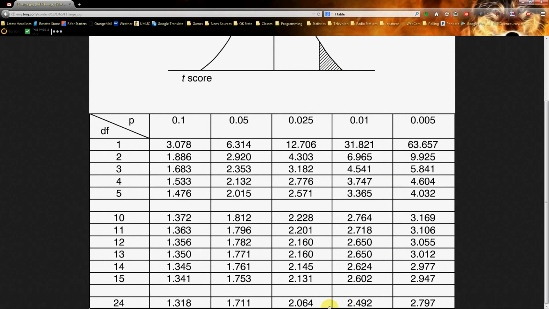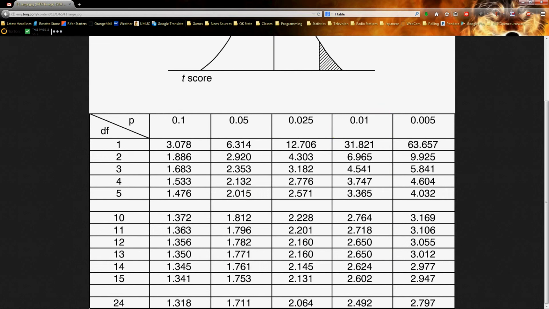Nope, it's between these two values. So the probability, or that area under the curve, is going to be between these two values, 0.025 and 0.01. Now the problem with the t distribution is that usually you're going to have to estimate that probability. Even if you've got the table in front of you, you're going to have to estimate it.